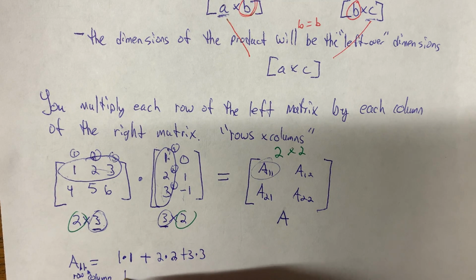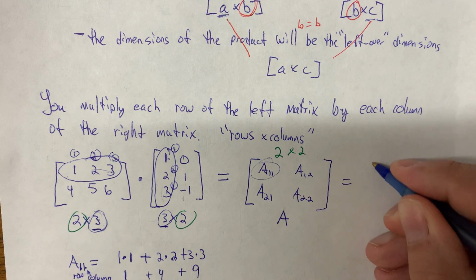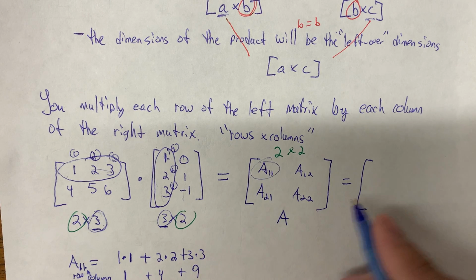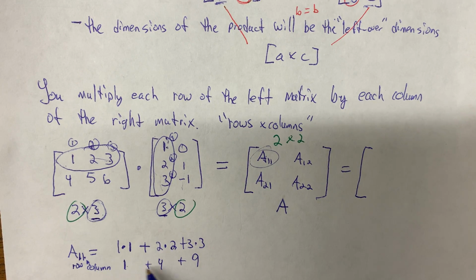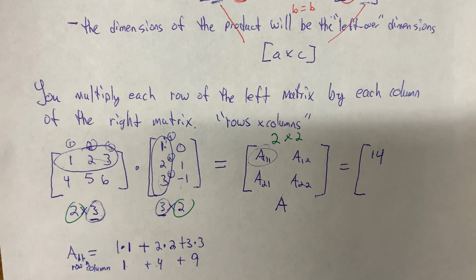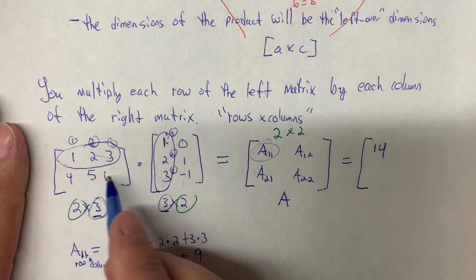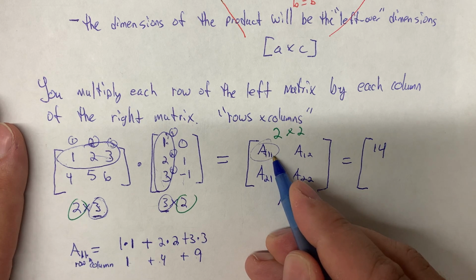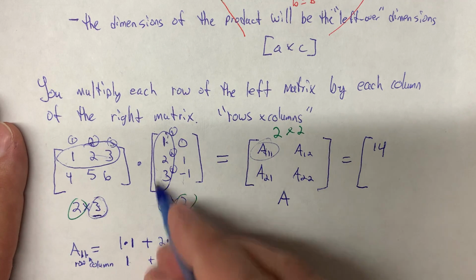So this is 1 plus 4 plus 9. That's what's going to go in A11. So A11 is going to be 1 plus 4 plus 9. That's 5 plus 9 is 14. So again, we multiply the first row times the first column.